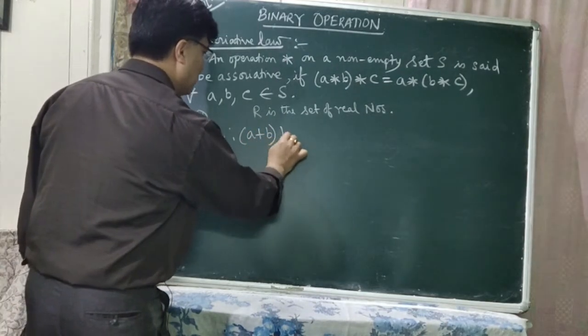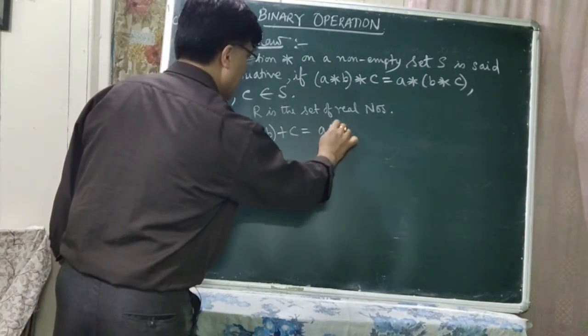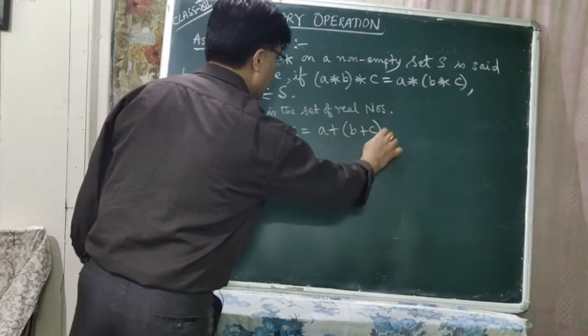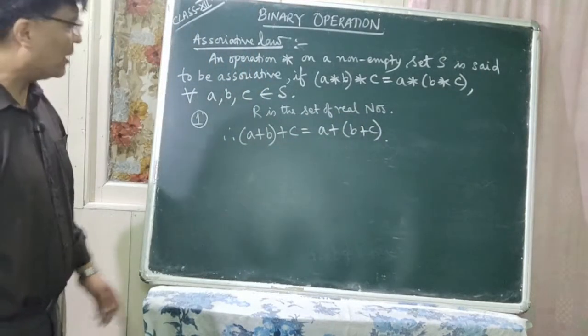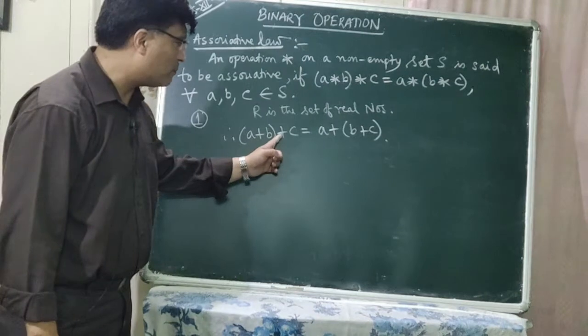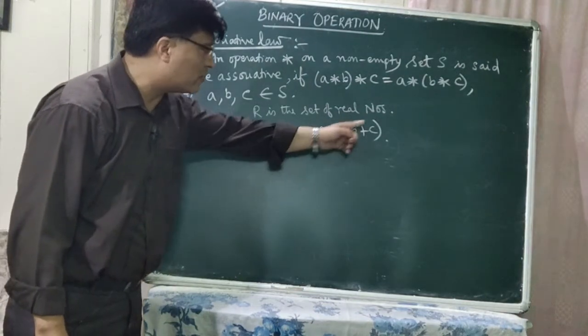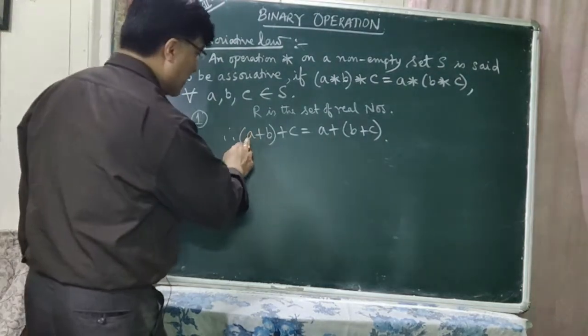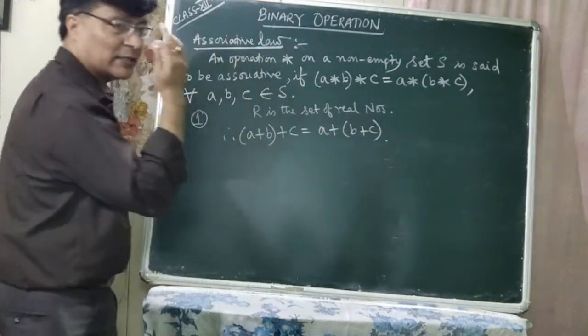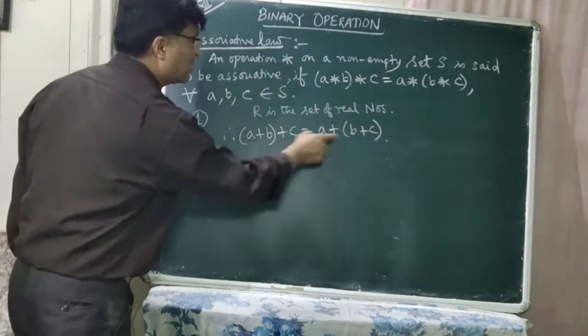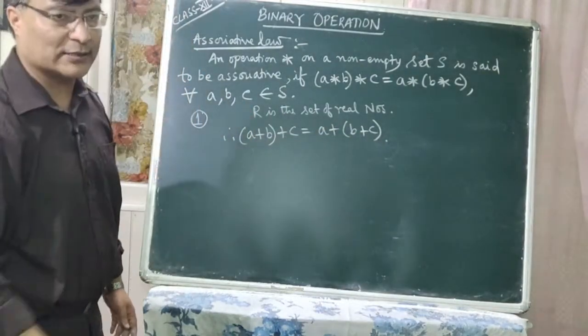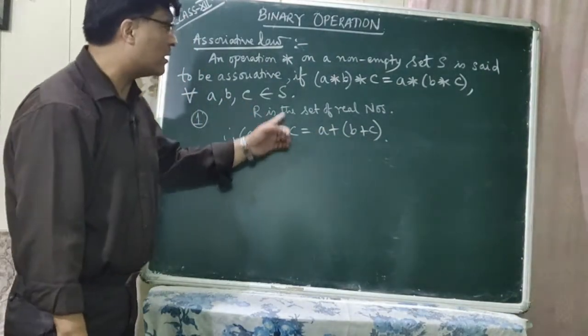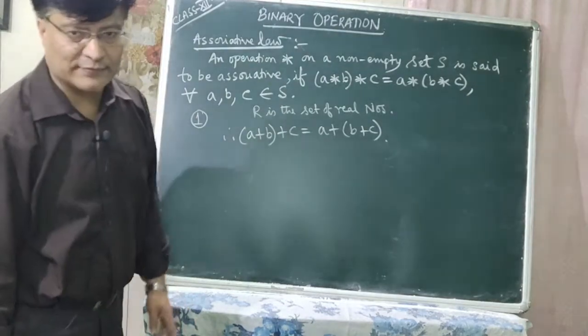(A plus B) plus C is equal to A plus (B plus C). Yes, obviously it is so. Even after opening the brackets, the left side and right side become equal. So this addition operation is associative.